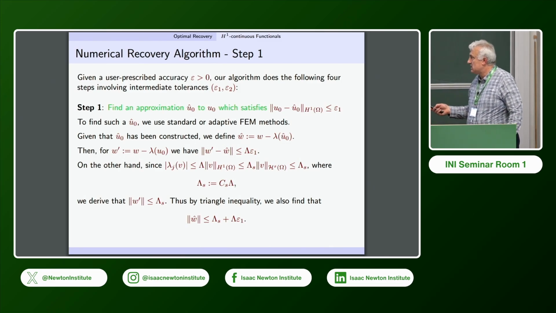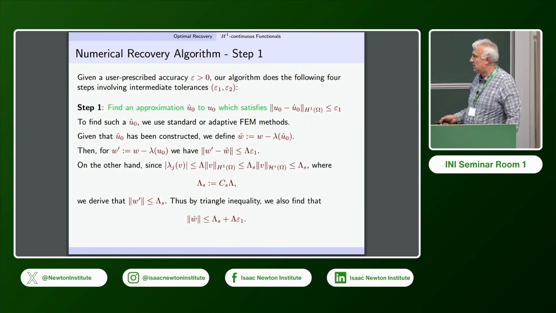So using that, we can formulate the algorithm. As I said already, we have to approximate first the U0 solution. So we have to find some epsilon 1, which is the error, and drive it below this error.